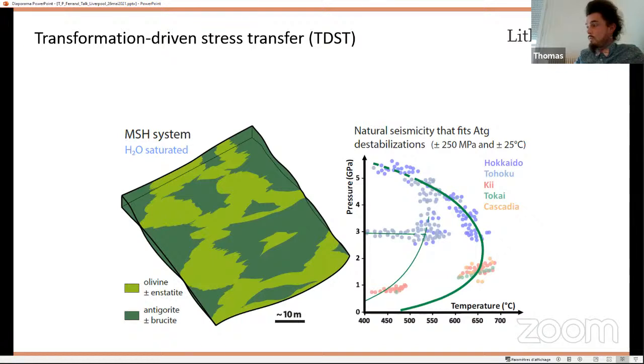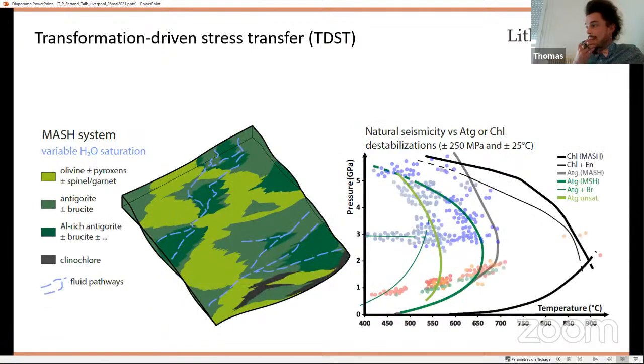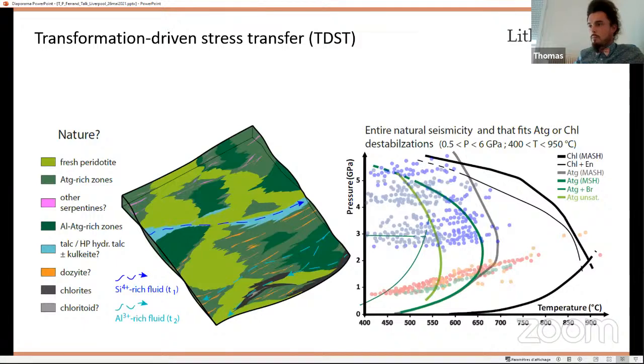And if we add chlorite and aluminum-rich olivine, so if we go from the MSH to the MASH system, then we can explain some more earthquakes, but still very far from the reality, right?